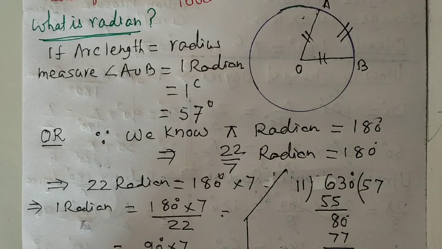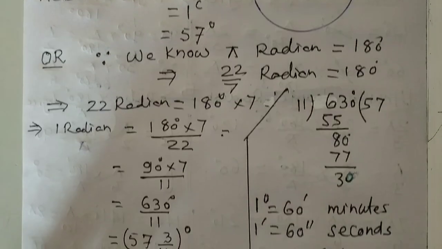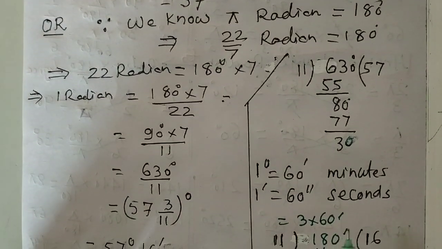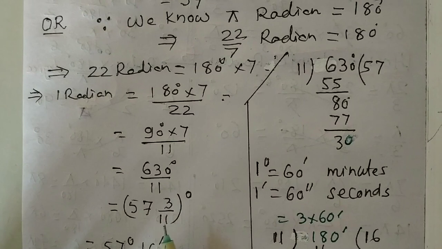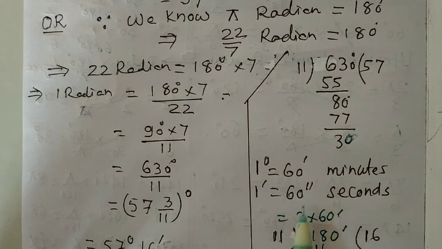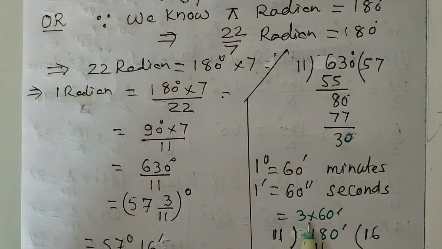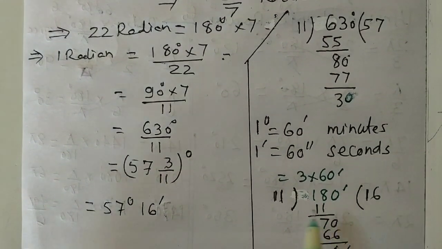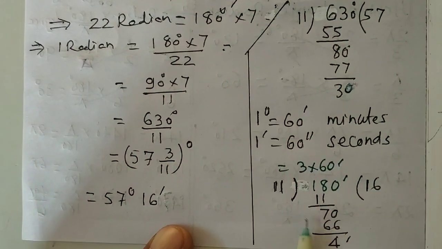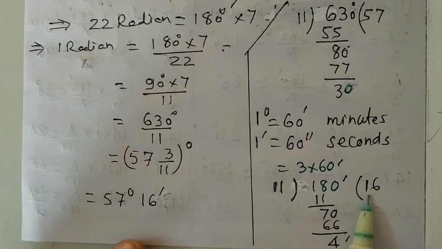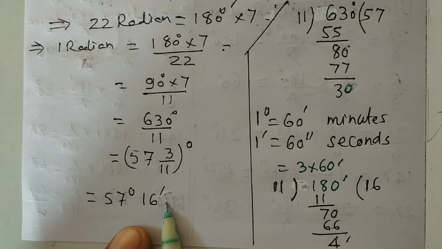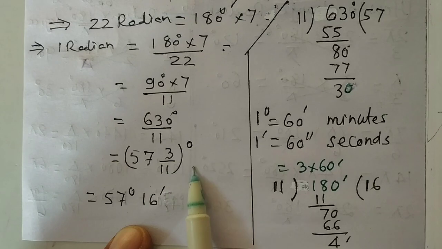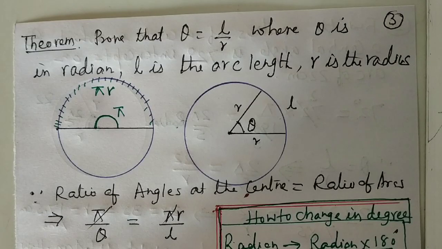So if you are interested, you can go further. 3 degrees, 3 into 60 minutes, so this is 180 minutes. Now again divide by 11, it becomes 16. So 16 minutes, or simply you can write 57 degrees plus. So 1 radian is equal to approximately 57 degrees.